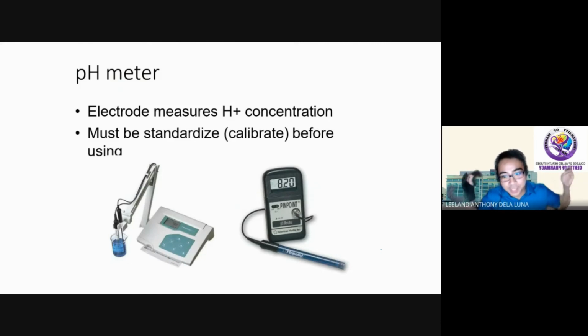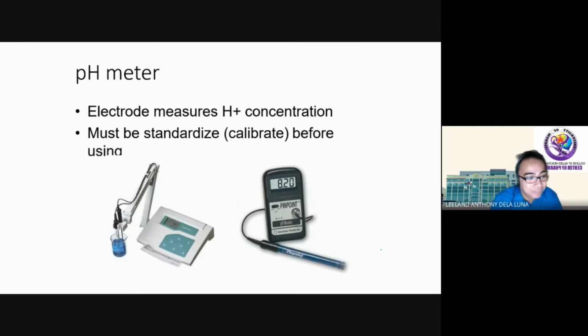So, sikat na sikat to, pH. Hindi nyo pa nga nakikita to. Okay? Madalas kasi ginagamit natin ang pH meter to calibrate the pH of a substance or when we're computing for buffer capacity. Mamaya natin pag-usapan yun, ha? Pero kasi ginagamit ito to measure the hydronium ions or the hydrogen ions present in a solution. Kaya notice kasi, wala tayong device that measures hydroxyl ions.